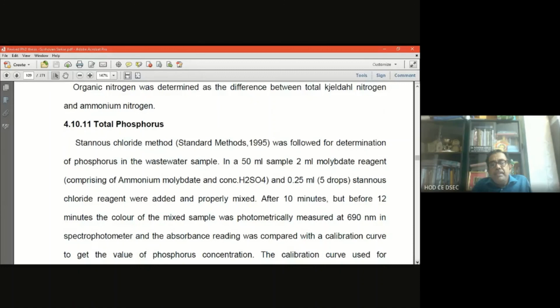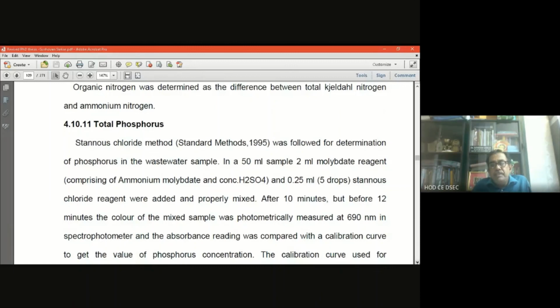Now in 15 milliliter sample, 2 milliliter molybdate reagent. What is molybdate reagent? It comprises ammonium molybdate and concentrated H2SO4 that can be prepared in the laboratory. So 2 milliliter molybdate reagent you have added, and 0.25 milliliter, that means 5 drops, considering 1 drop as 0.05 milliliter.